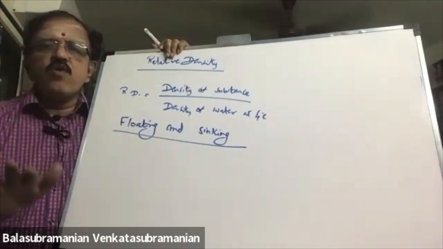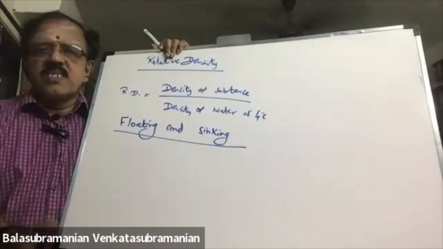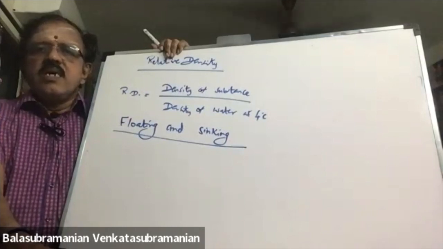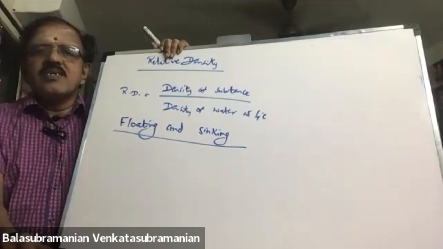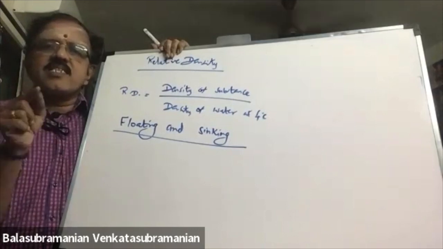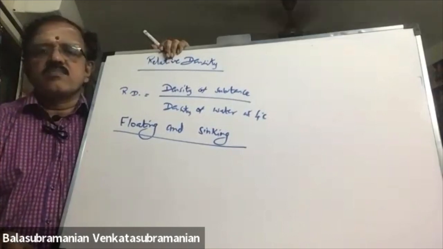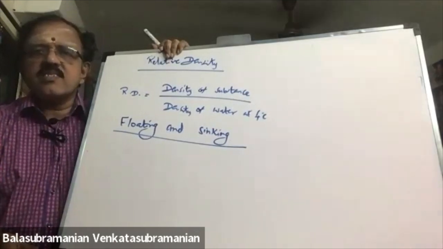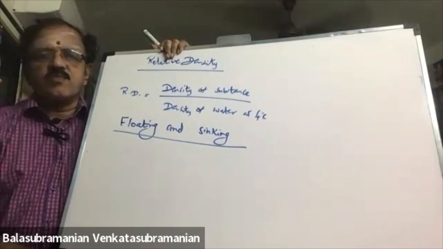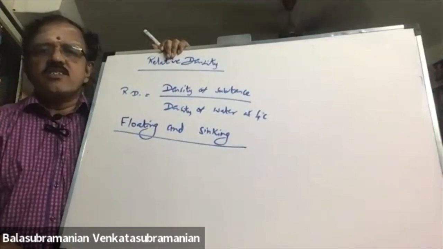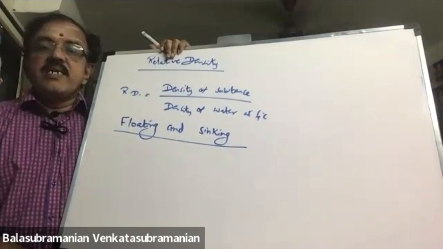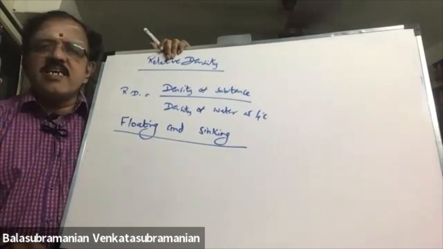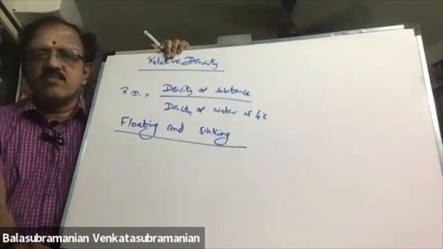The wooden piece will float. There is a difference. What difference? In the case of stone, the density of stone is greater than the density of water, so it is sinking. It has gone inside. But the density of wood, the wood piece you are taking, is less than the density of water, so it is floating.